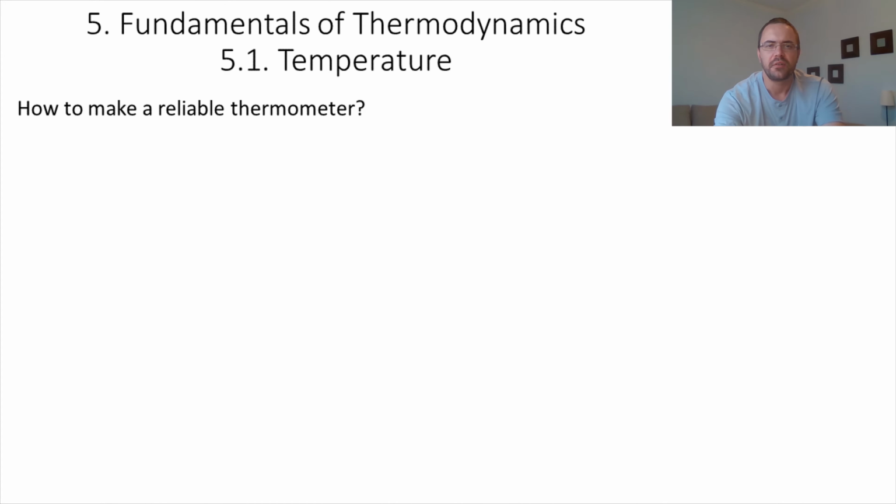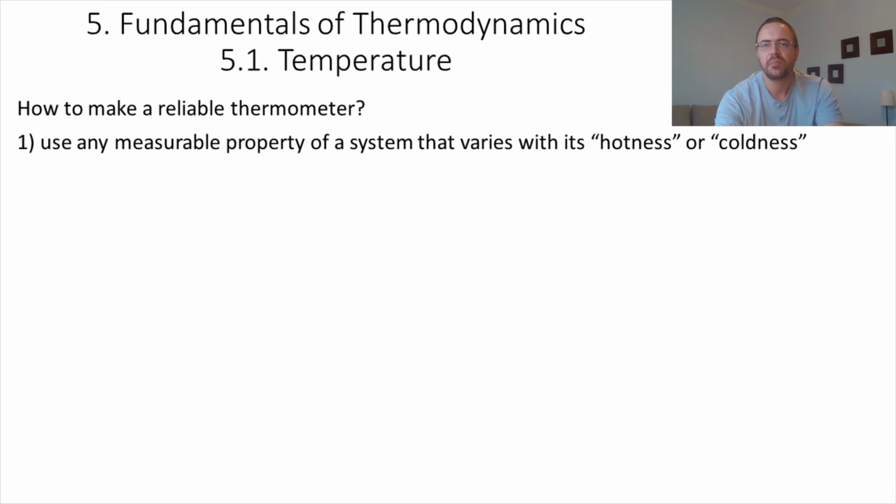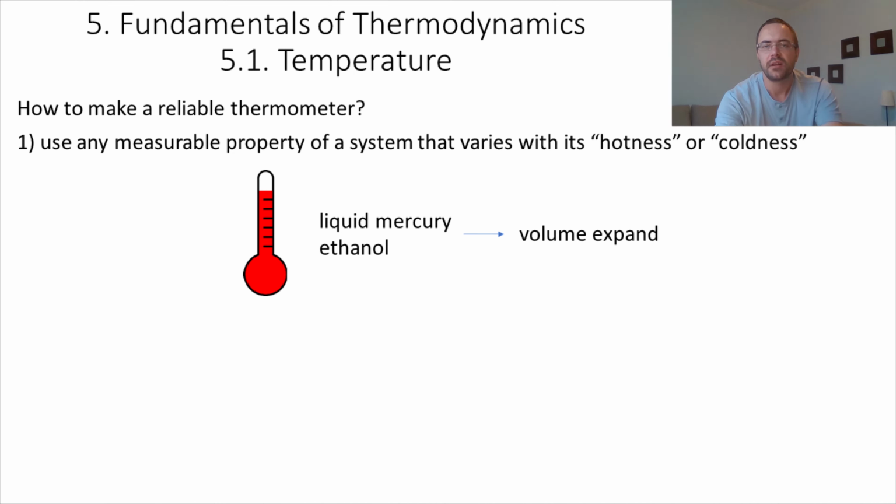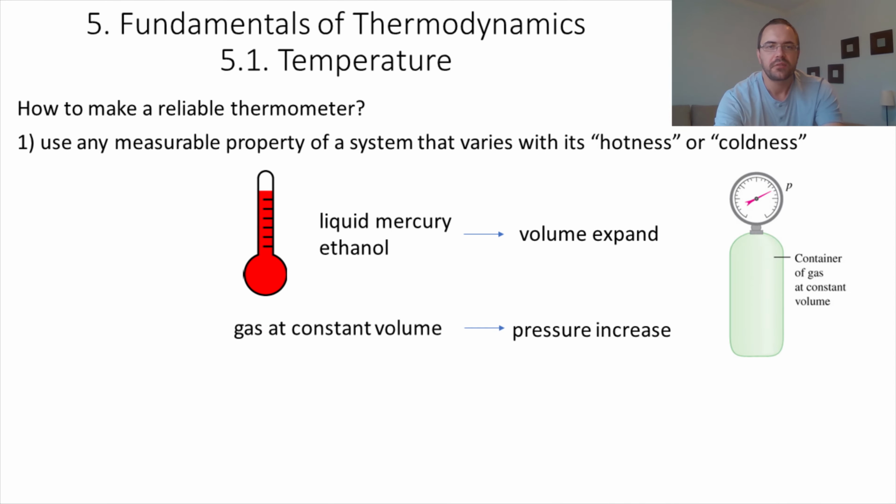First, what do you need for a thermometer? You need a measurable property that will vary with the hotness and coldness of the system. For example, the ethanol thermometer uses the fact that the volume of a liquid expands with temperature. Another kind, the constant volume gas thermometer, uses the fact that the pressure increases with temperature.